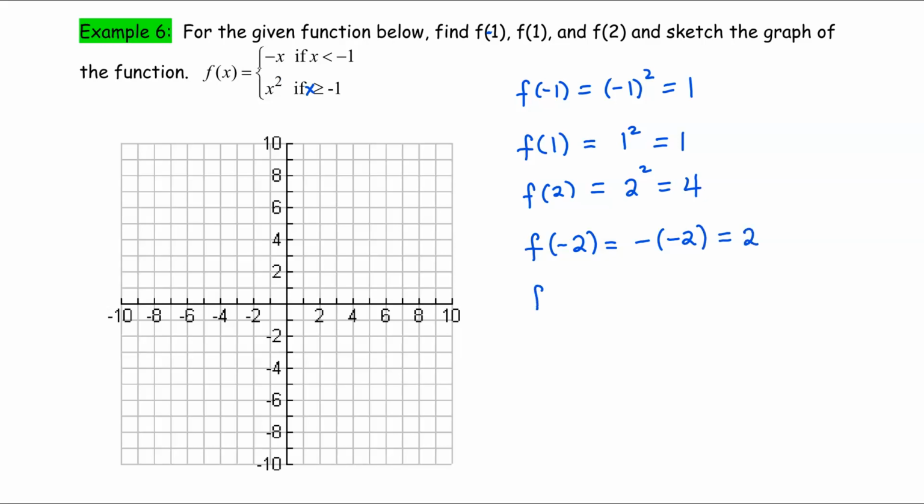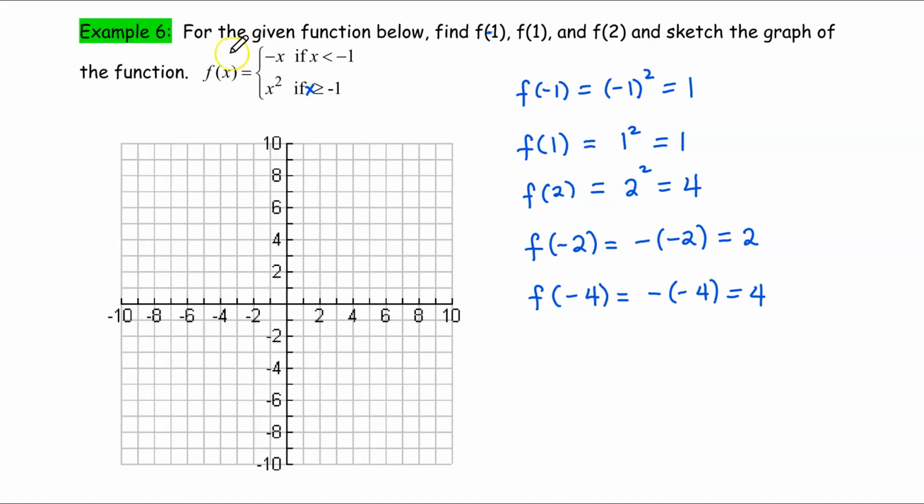Now, if I add another one, f of -4. -4 is contained in this interval here. And that is defined as -x. So if x is -4, your function is -x. So you have negative of -4, which is equal to +4.